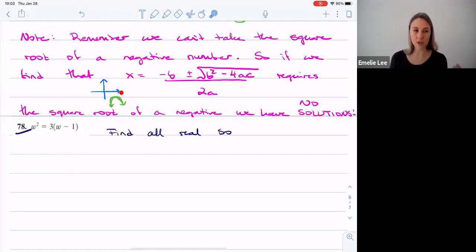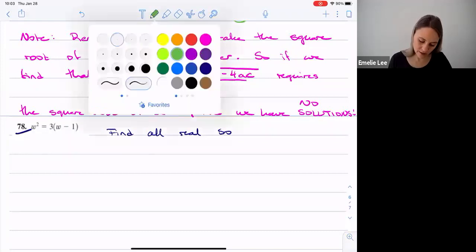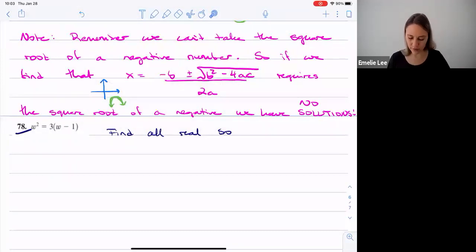So there will be situations where you have no solutions, right? And therefore, you can't factor that thing. Right? If you have to factor it, it'll have solutions. So don't worry about that. Okay. But that's just the side note, right? If you end up having to take the square root of a negative, there are no solutions, and you can just stop there because there's nothing else you can do.